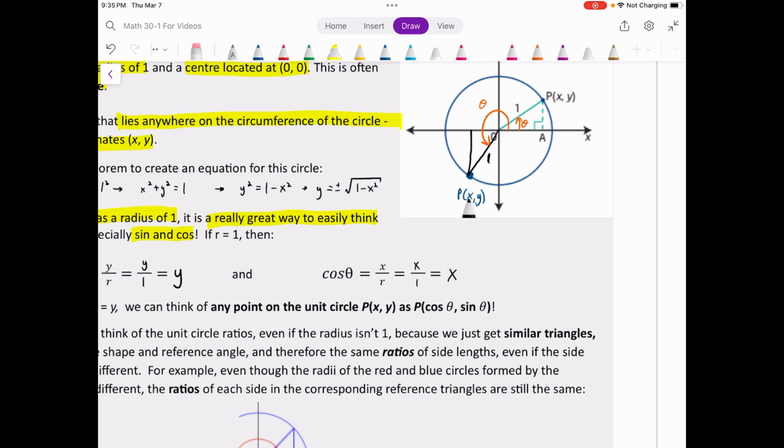Well, it's just the x coordinate of this point, because that point is on the unit circle, and that's where the unit circle intersects with the terminal arm of that angle. So if we do x over r, we're just doing x over 1. So if we know any point on the unit circle, since the r, the hypotenuse, is going to be 1, then we know that the x value is the cosine of the angle whose terminal arm passes through that point on the unit circle, right?